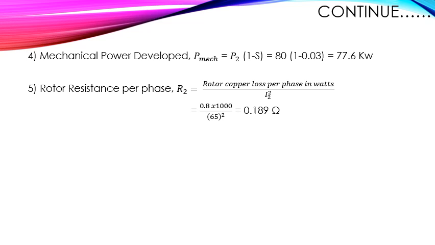So R2 is equal to rotor copper loss per phase in watts divided by I2 square. The rotor copper loss per phase is 0.8 kilowatt, so in watts, 0.8 multiplied by 1000 divided by 65 square. The current 65 is given, so the rotor resistance per phase is 0.189 ohm.